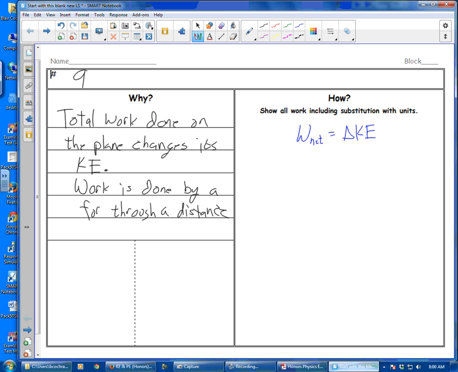There are two things doing work on this plane: the work of the engines and the work of the catapult, and that's going to equal KE final minus KE initial. We're told it starts from rest, so that's 0 initial. We want the work of the catapult, so we'll keep that on one side, and we'll have KE final minus work of the engine.